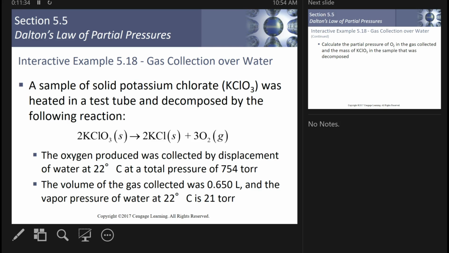You can use PV equals nRT when it is at STP too. 22.4 is your shortcut. Wait, but that would be to find moles of oxygen. Don't you need moles of oxygen to find the mass of KClO3? Yeah. Wait, what's the question? To find the mass of KClO3. Okay.